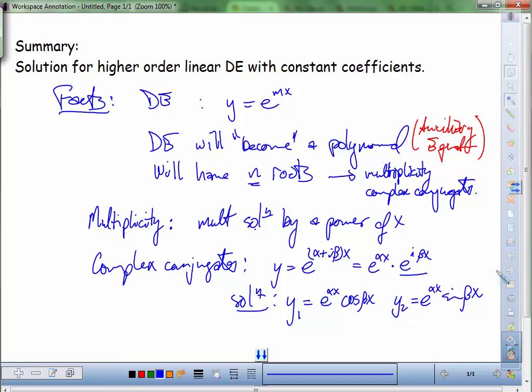And since you're getting a pair of them, they're complex conjugates, so they'll have the same alpha and beta, except they'll have different signs. The imaginary part would have different signs. Then you just kind of ignore the i business and then just come up with these 2 fundamental solutions that come from the complex conjugates.